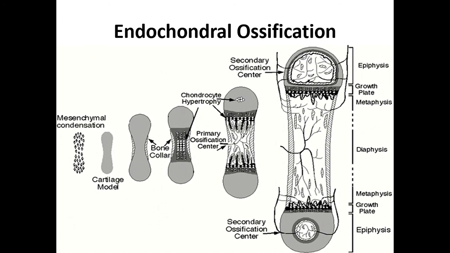This bone collar will be provided with vessels, and here the start of ossification will begin. So we have the primary ossification center at the diaphysis part of the long bone, which will be supplied with blood vessels.